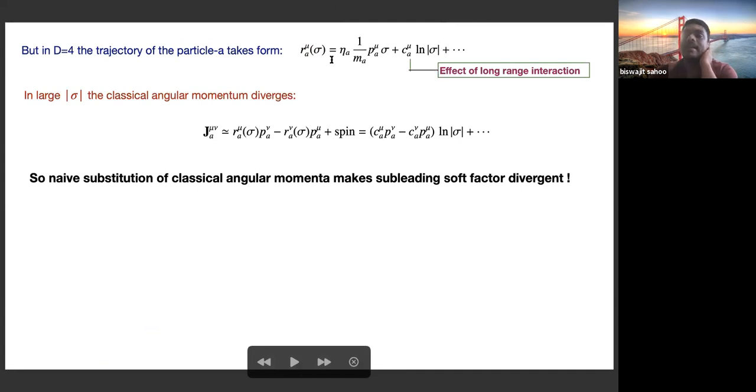That means even at large time, it is not moving at constant velocity, but it is accelerating. And this acceleration term one can determine just by solving the geodesic equation. But more than that, the classical angular momentum, in terms of the trajectory of the particle, goes like log sigma, which, if you take strictly sigma going to infinity, diverges.